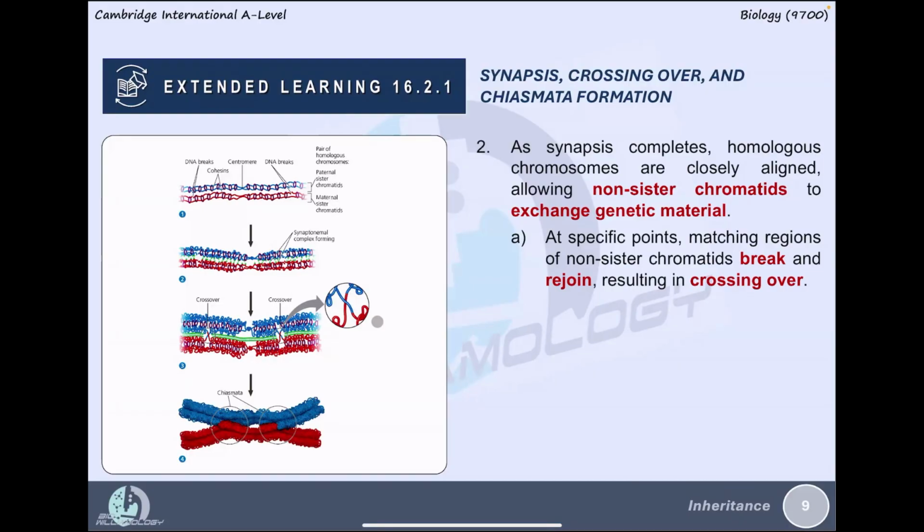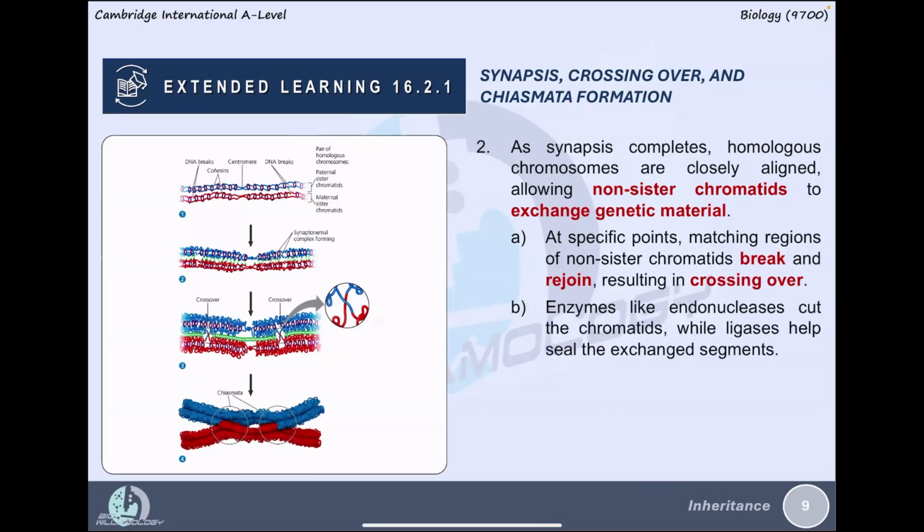they exchange the alleles. So enzymes, for example endonucleases, cut the chromatids, while ligases help to seal the exchanged segment. Endonucleases are the enzymes that cut or cleave or hydrolyze the phosphodiester bond, and ligases are the enzymes that form or seal the sugar-phosphate backbone.